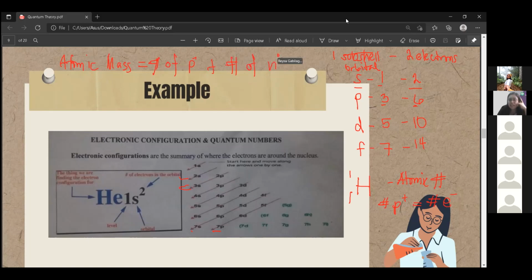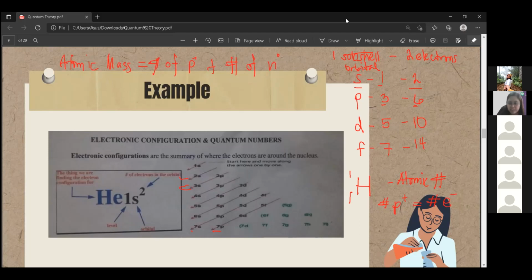So you cannot see electrons there, thus you cannot use atomic mass for this. Always use the atomic number to predict the electron configuration of our elements.